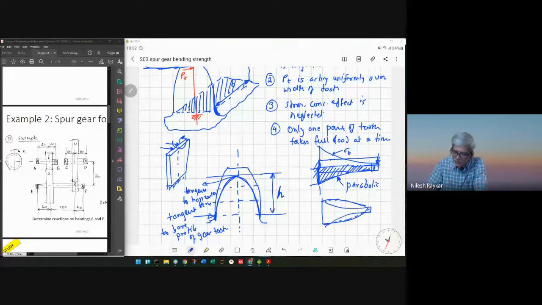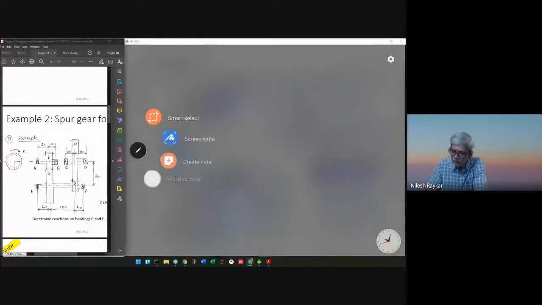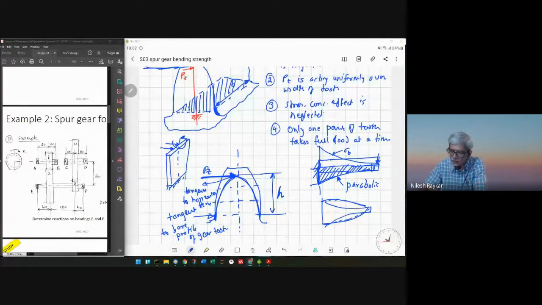In his calculation, the PT is assumed to be acting at the tip of this cantilever, at the top of this beam of uniform strength. And this H parameter depends on the tooth profile parameter. Depending on the tooth profile, he calculated this H by graphical methods, and some analytical methods were also developed to calculate this particular H.